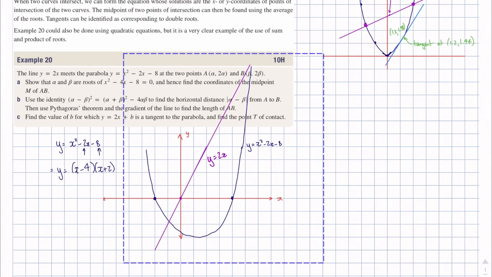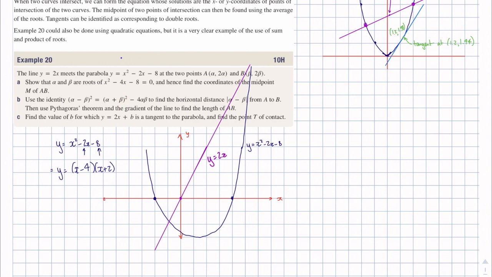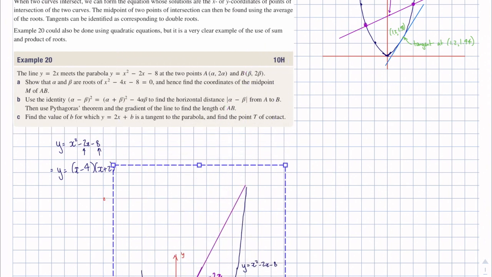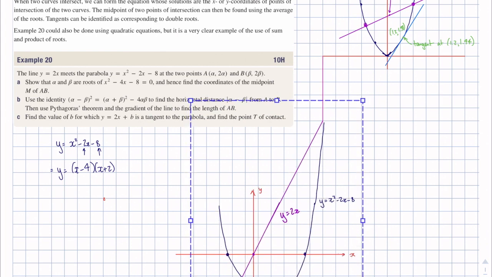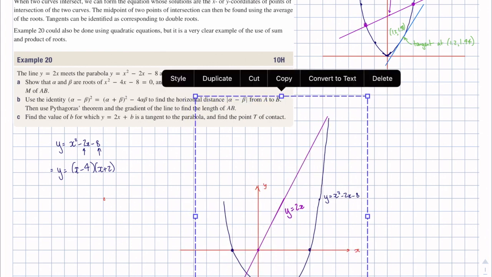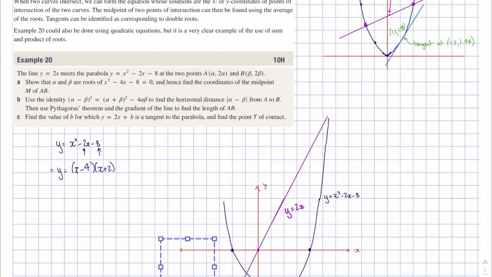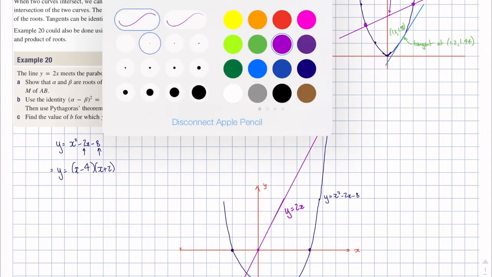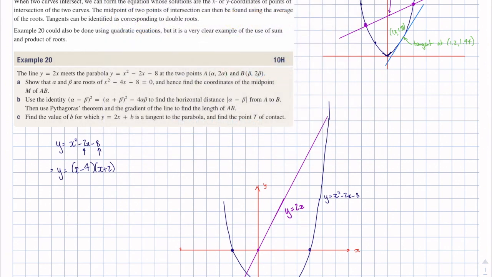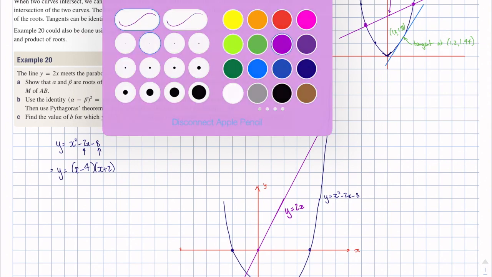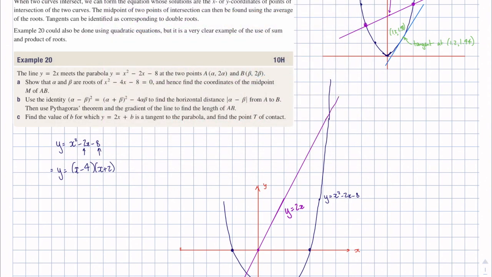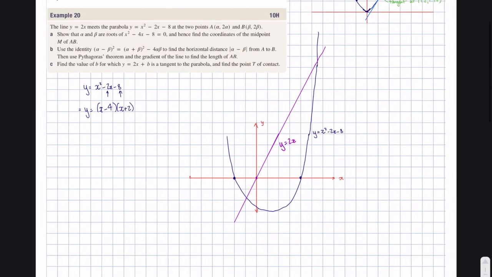Let me move it down so I can see more of it. So we've got two points of intersection here. This point and this point. Don't bother measuring it. I did not draw it accurately.